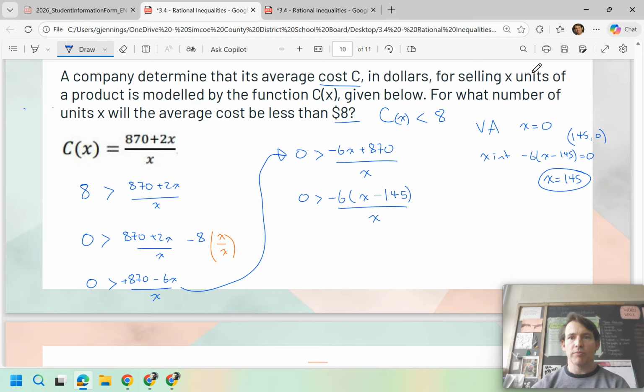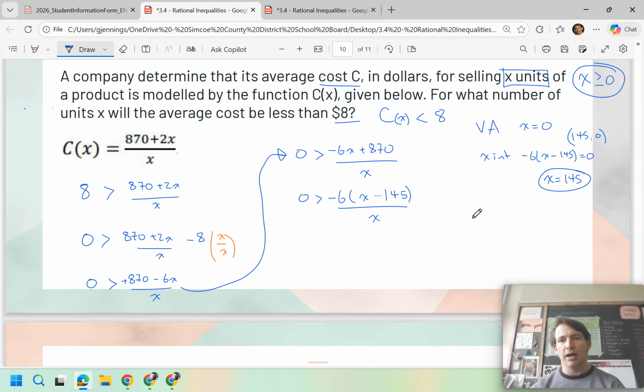Since we're selling x units, we already have a restriction on the domain that x is greater than or equal to 0. We're not going to sell negative units. So we already have that natural limitation on the domain, a practical limitation, not an algebraic one. So we're really only interested in things where x is greater than 0.